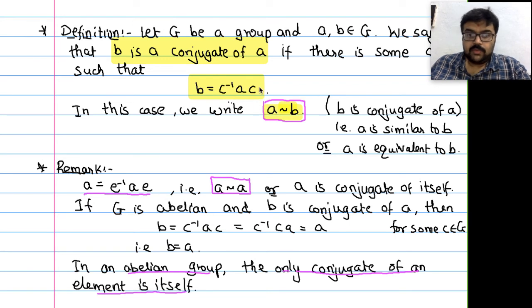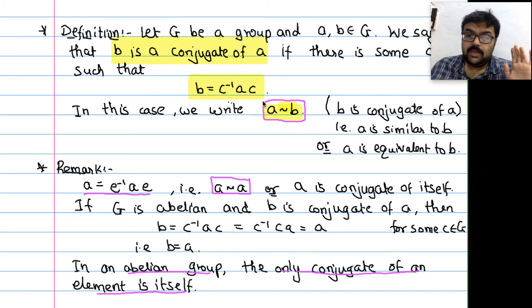In the worst case, what can happen is that every C can commute with A. Then A will not have any other conjugate. I am again repeating, the group may be non-abelian, but suppose all the elements commute with A, then there will not be any C such that C inverse AC is not equal to A. If all the other elements of the group commute with A, then C inverse AC equals A.